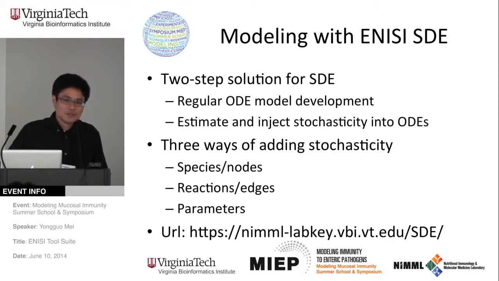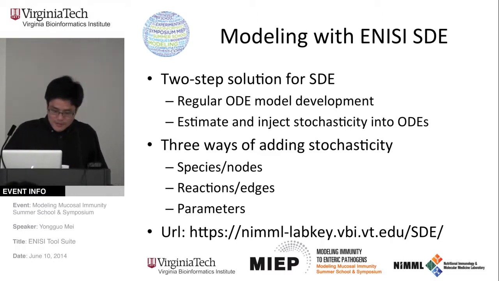If I want to add some stochasticity to this equation, to these species, or to these parameters, whatever, our tool will provide the ways for you to add that stochasticity. Right now, at the initial stage, it's separated in two steps. Ideally, we can integrate them together. That may be one of the future works we will consider.